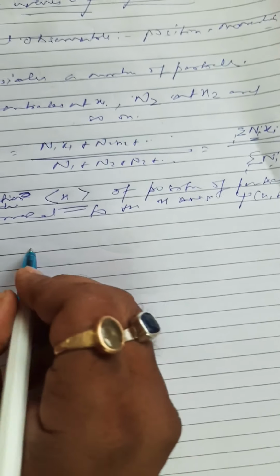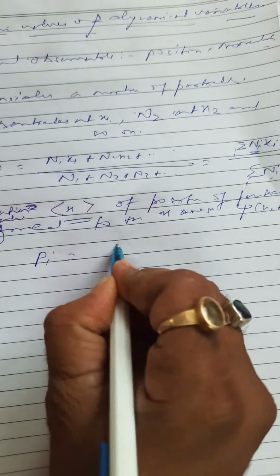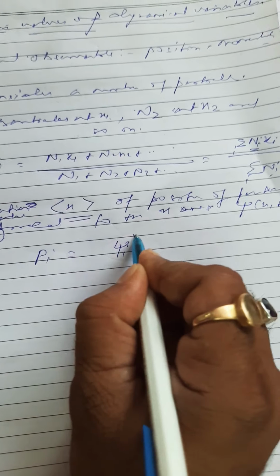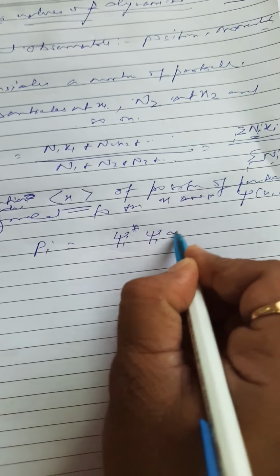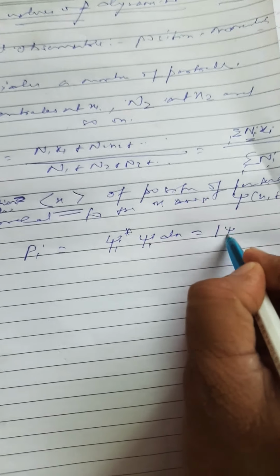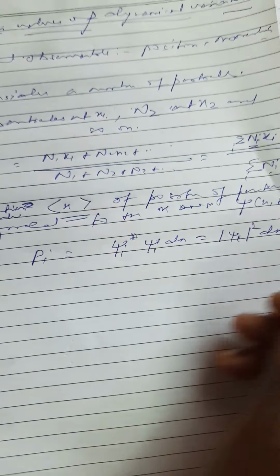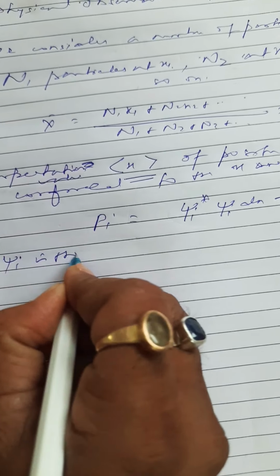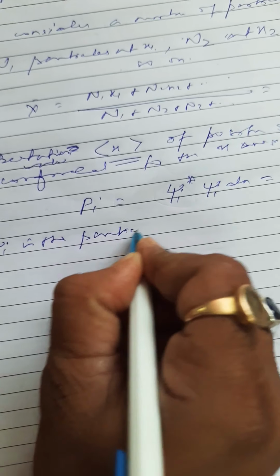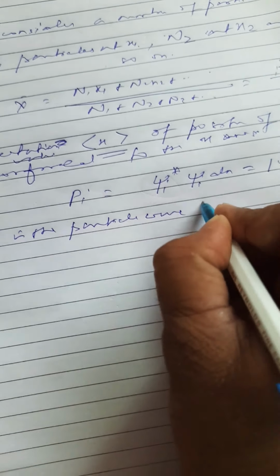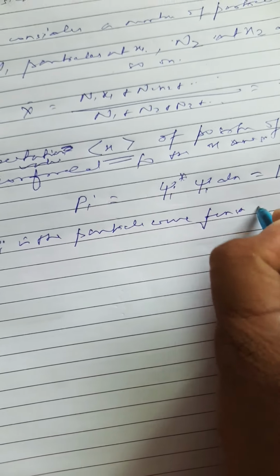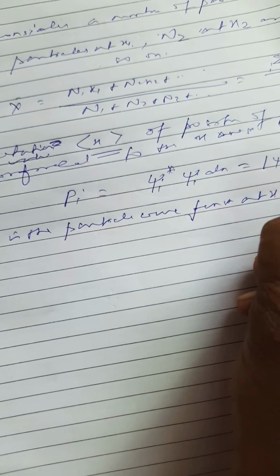So the probability p subscript i will be given by psi i asterisk into psi i dx, which is equal to mod psi i squared dx, where psi subscript i is the particle wave function at x equal to x subscript i.